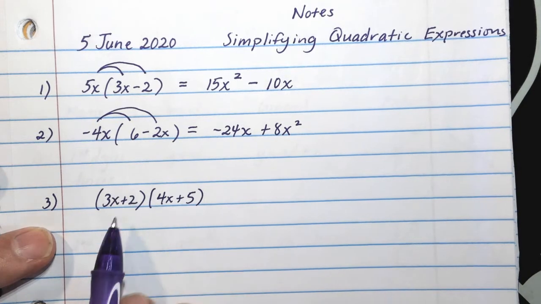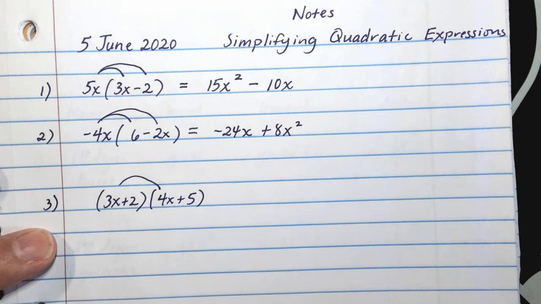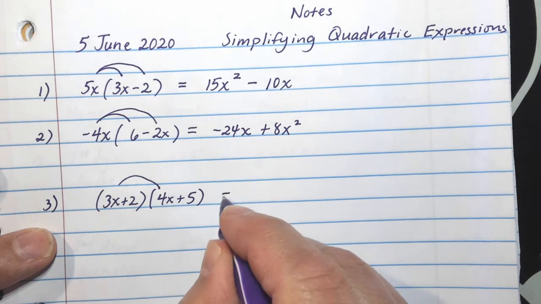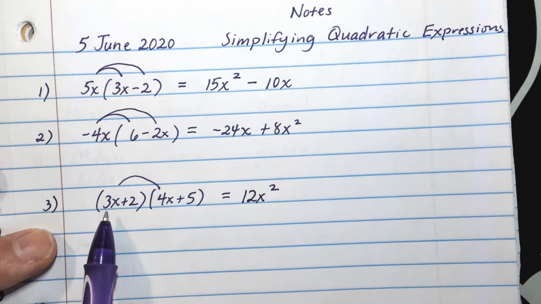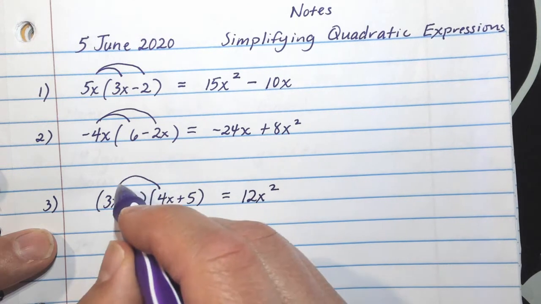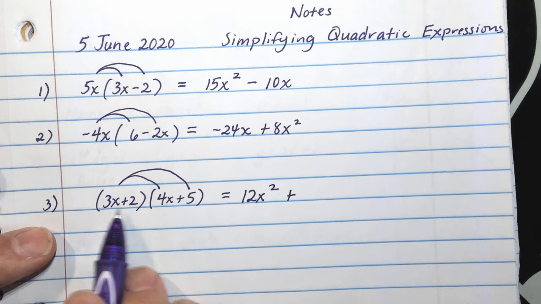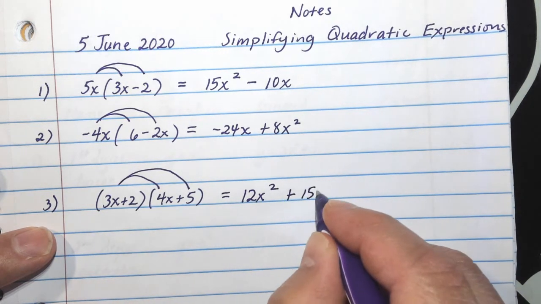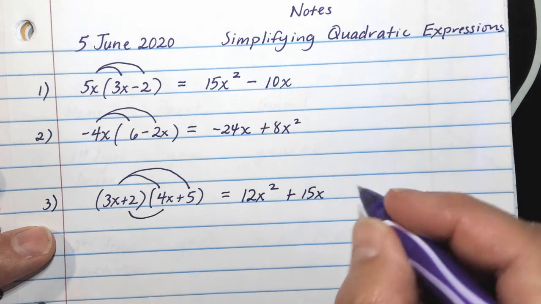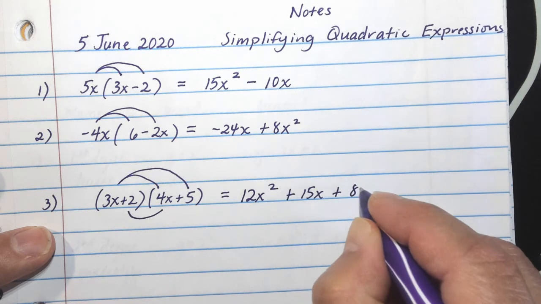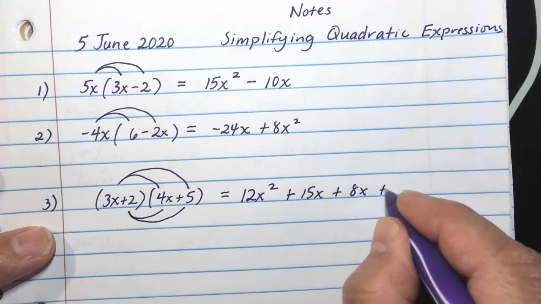So you have to distribute the 3x with the 4x like that, and you get 12x squared. And then you distribute the 3x with the 5, and you get 15x. And then you distribute the 2 with the 4x, and you get 8x. And then you distribute the 2 with the 5, and you get 10.